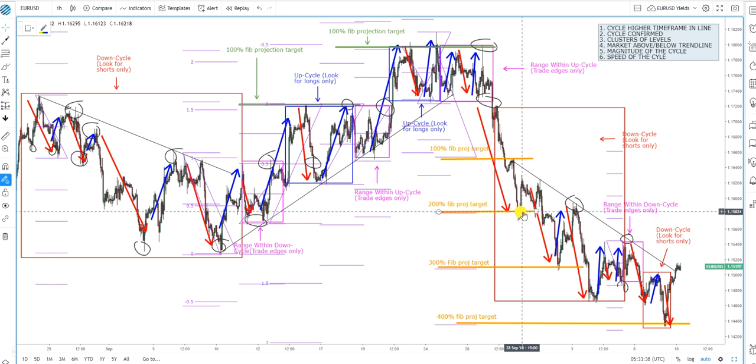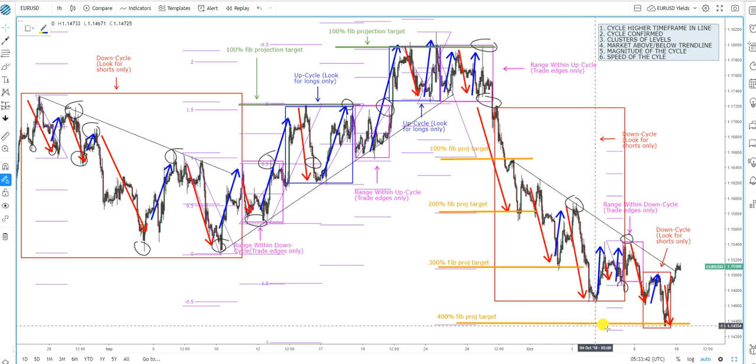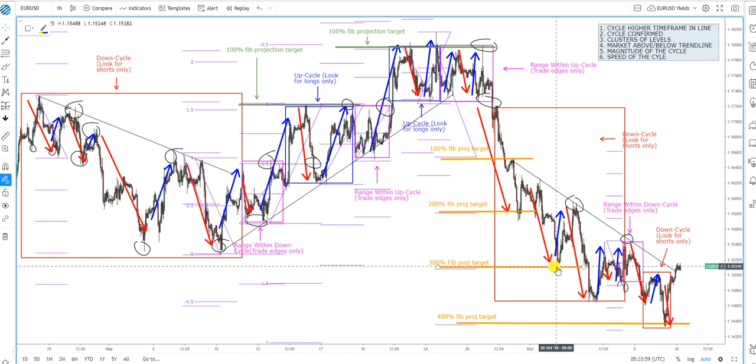But otherwise, the 200, 300, and 400 Fibonacci projection targets have all served really well in indicating when the market might be turning around, sellers taking profits, and buyers, the scalpers, and those that just want a short-term trade stepping into the market, okay?